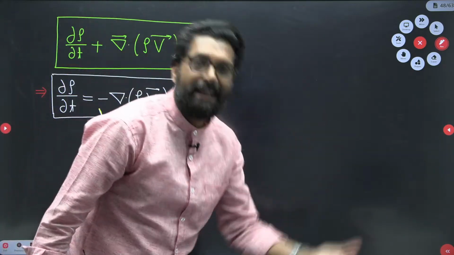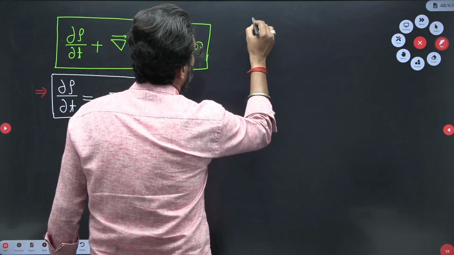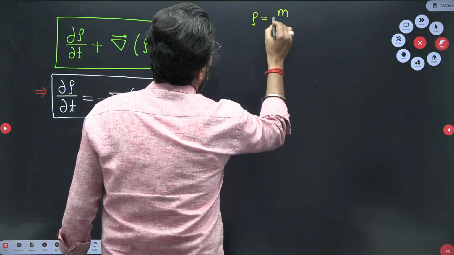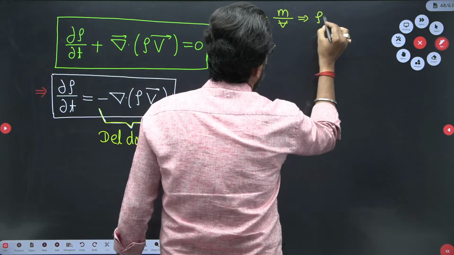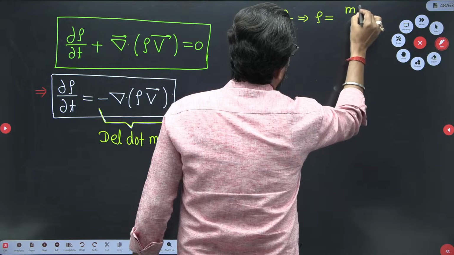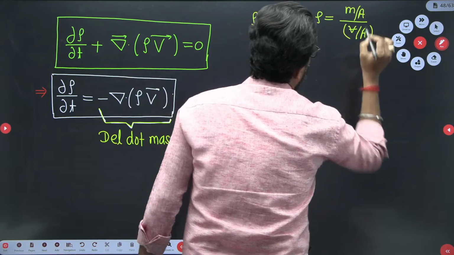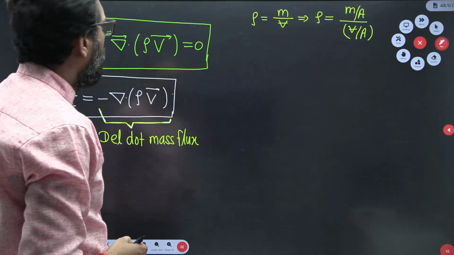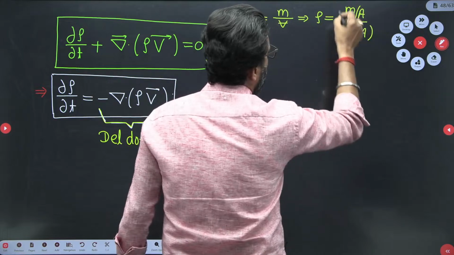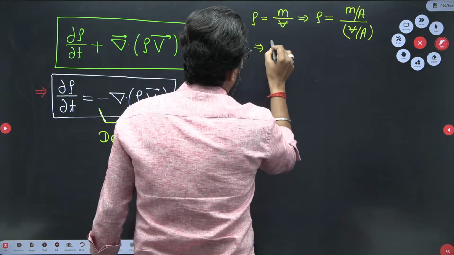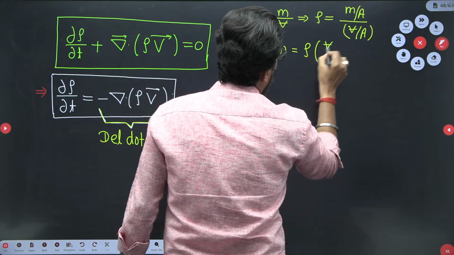See, density is mass by volume. So if you write mass flux, mass per unit area, it is density times volume by area.